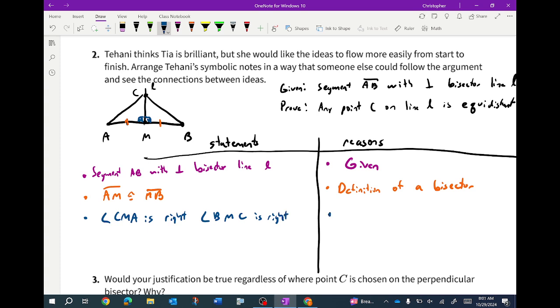And how do we know that? Well, that's the perpendicular part, so that's the definition of perpendicular. It makes right angles. So there's our two right angles.